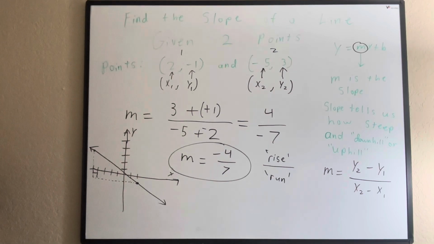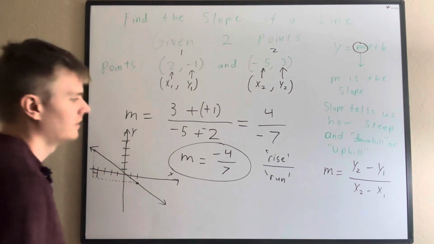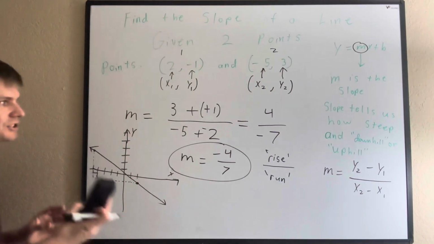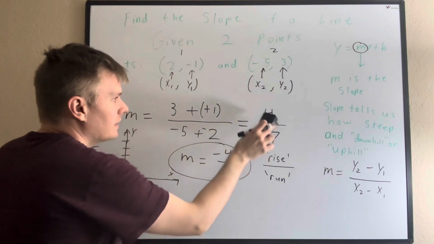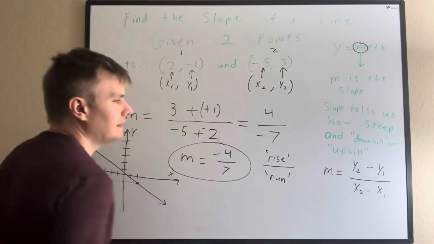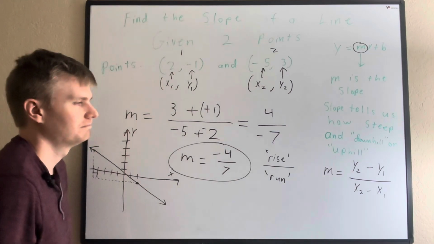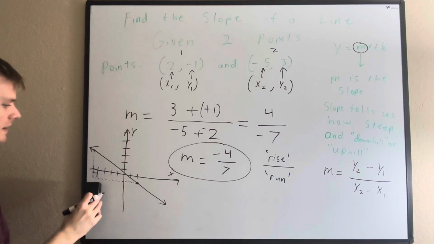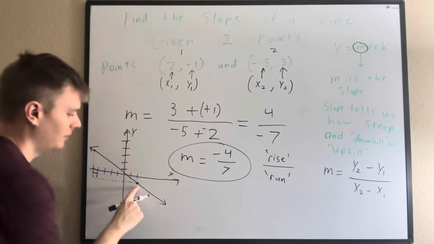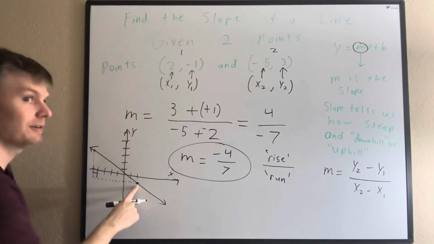Now, what if I just ignored the rules of putting the negative in the numerator there? What if I left the negative in the denominator? Well, I would say start with this point because you're going to go backwards.